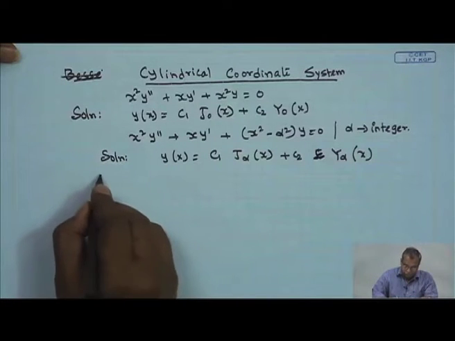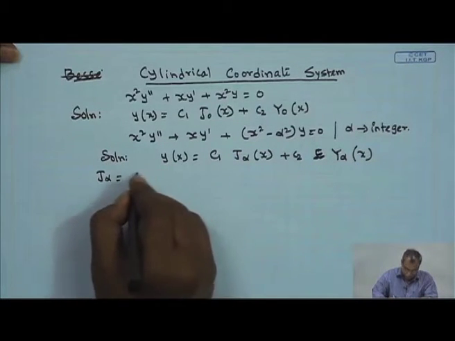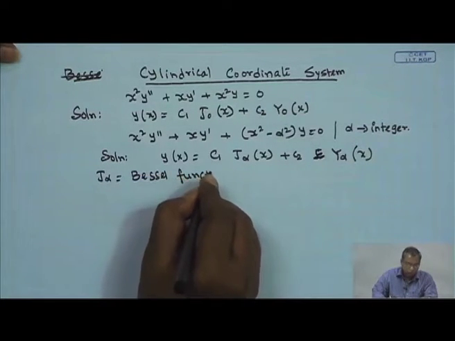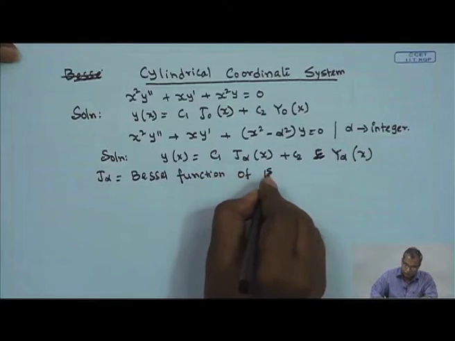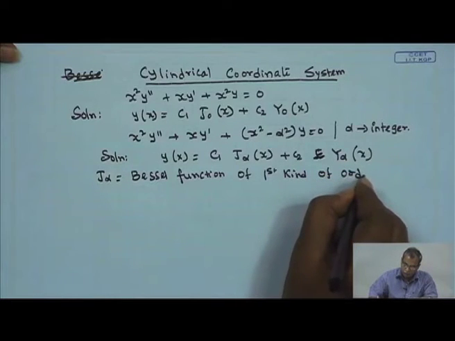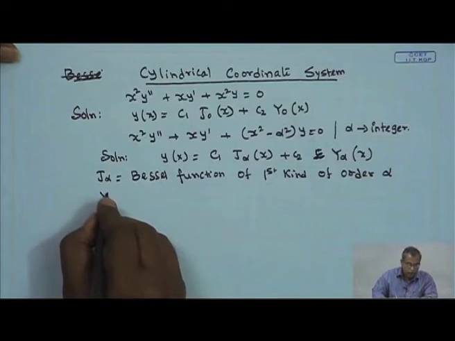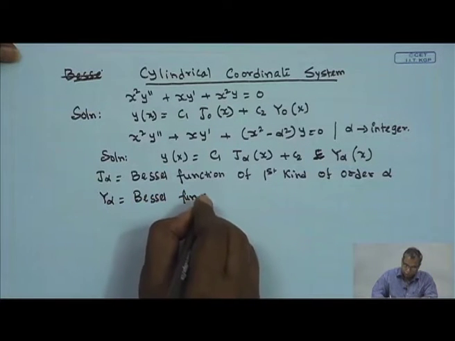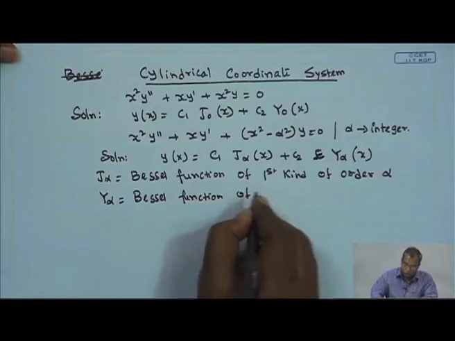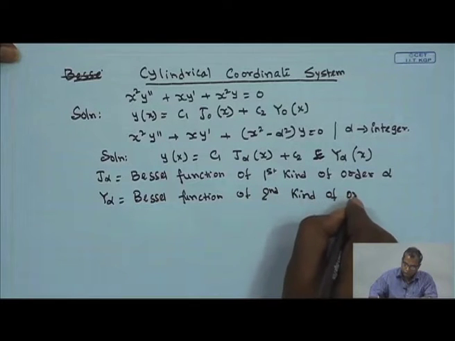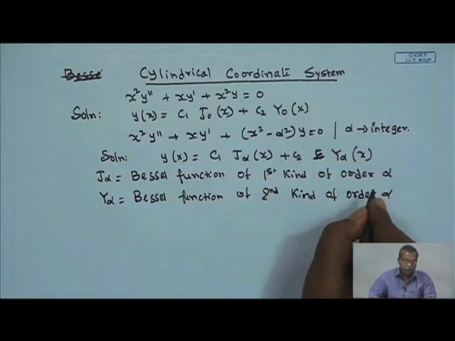So J alpha is known as the Bessel function of first kind of order alpha, and Y alpha is known as the Bessel function of second kind of order alpha.